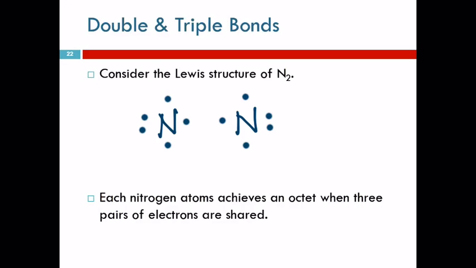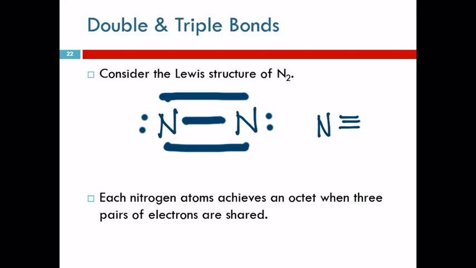How can two nitrogen atoms get together and each have an octet? There's going to have to be extra sharing, right? Share that pair, share this pair, and share that pair. So nitrogen has a triple bond.